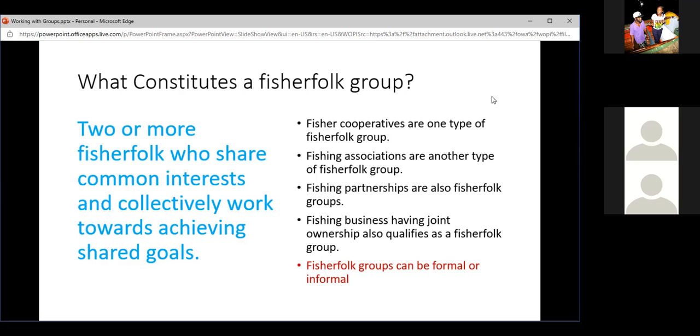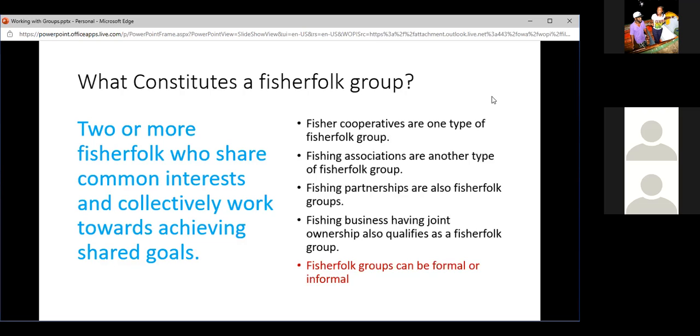So even amongst us, we are part of different fisher groups, and there are different types of fisher groups. As you can see on the screen, we have fisher cooperatives, fisher associations, fishing partnerships, and joint ownership.